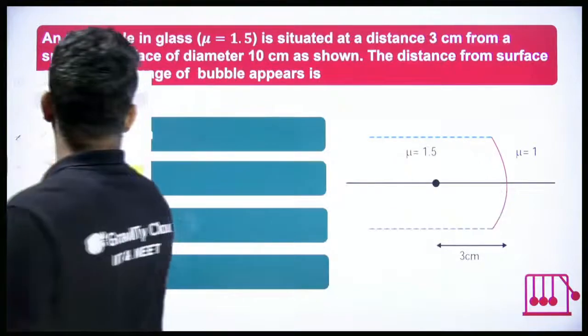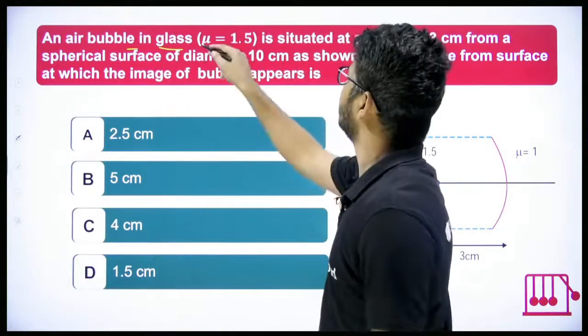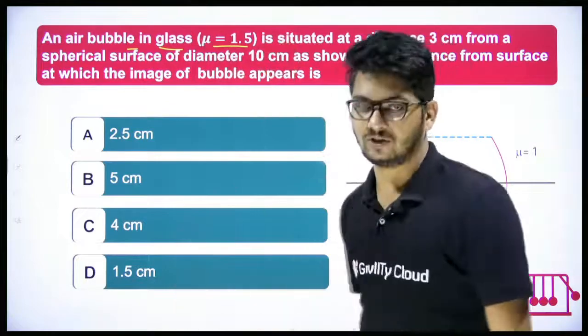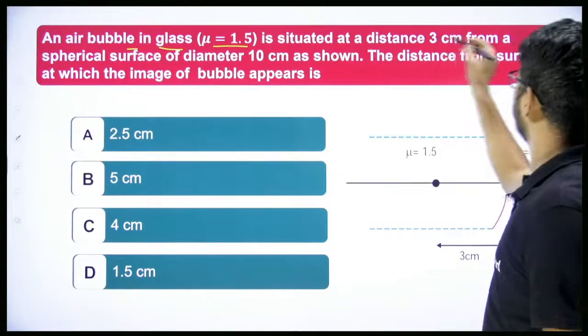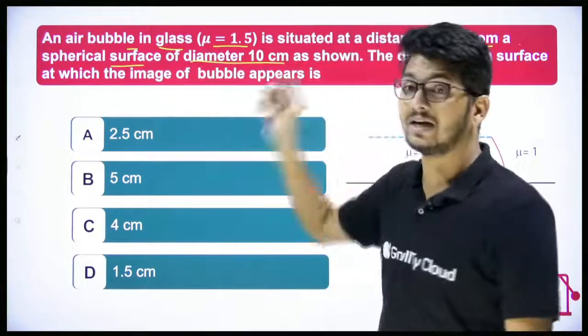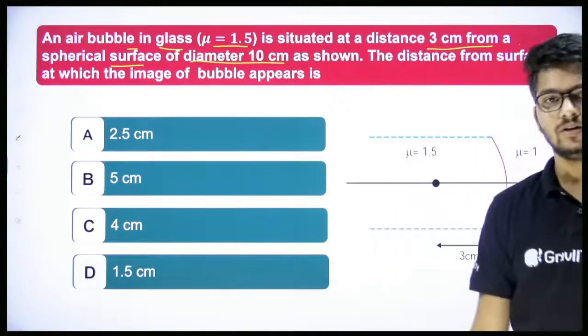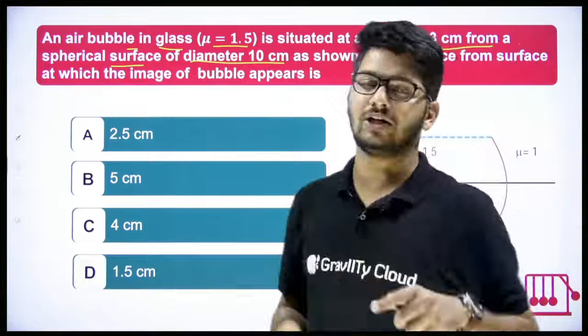An air bubble in glass, mu is equal to 1.5, refractive index of glass is 1.5, is situated at a distance 3 centimeter from a spherical surface of diameter 10 centimeter. So look at that. When diameter is given, in your mind you have to do the calculation.